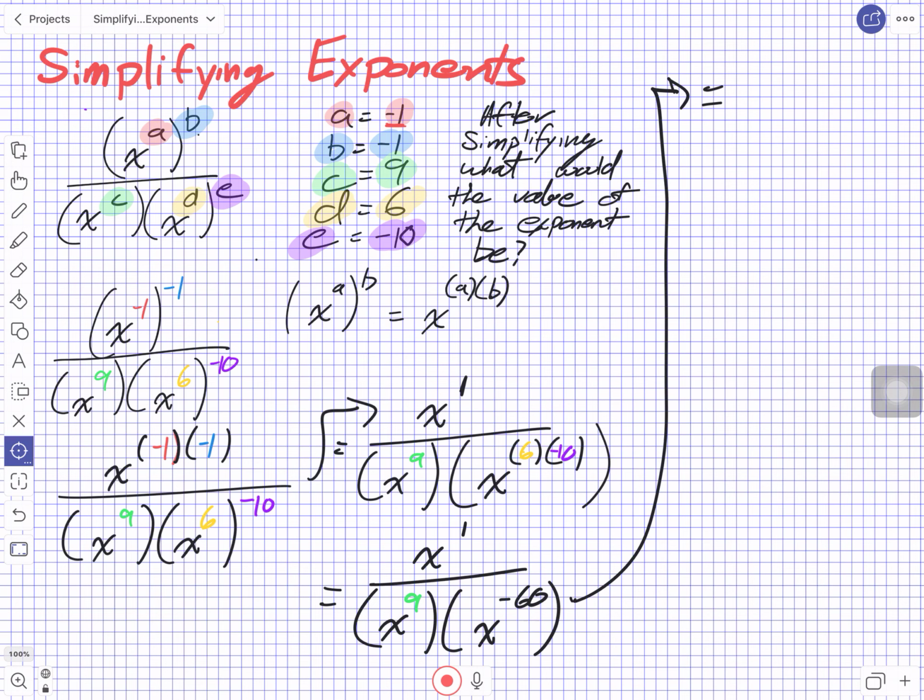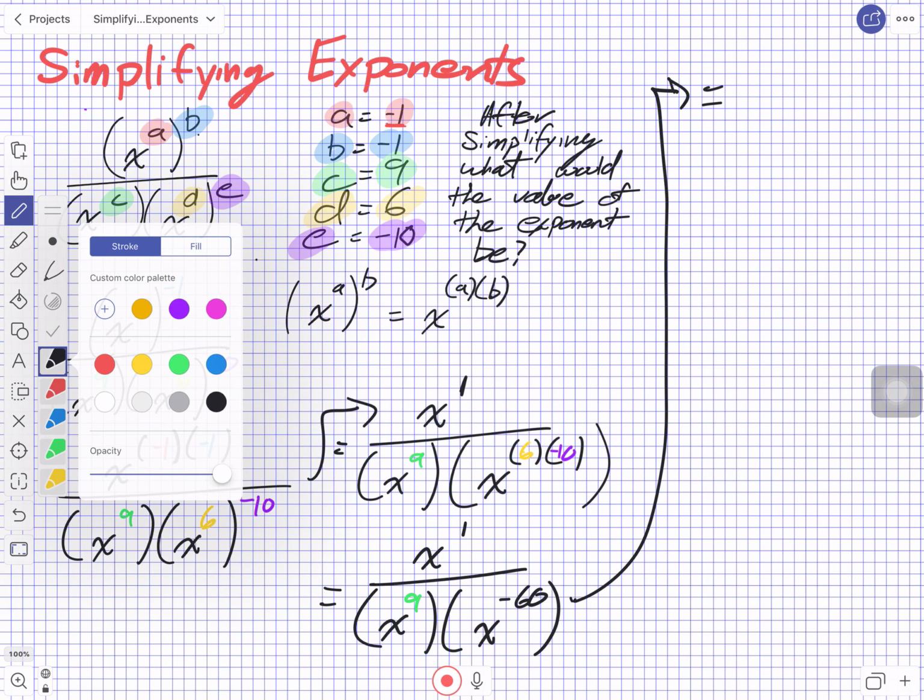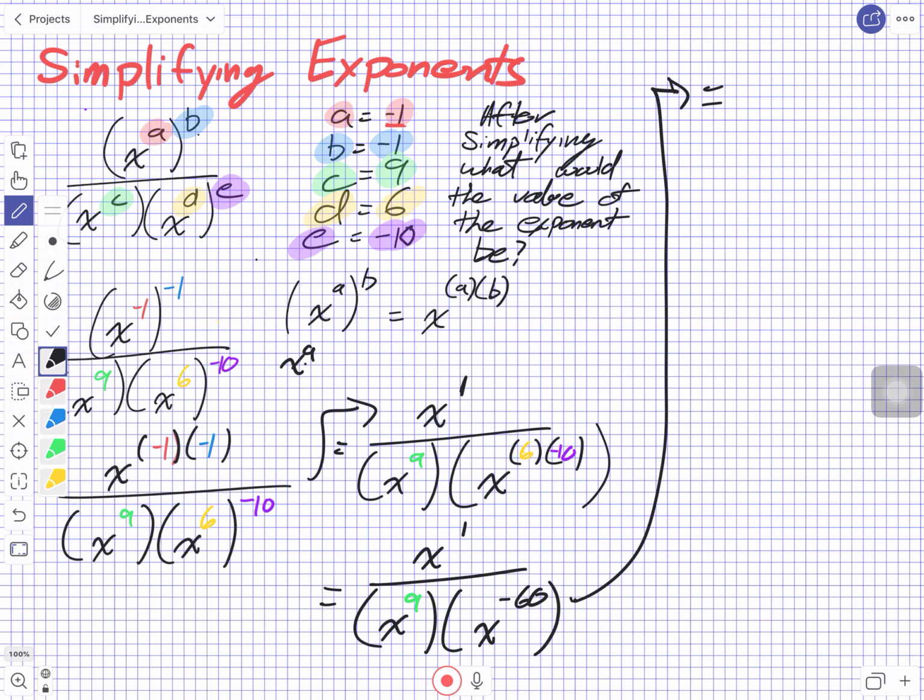If you have a situation where we have x to the power of a times x to the power of b, you end up with x to the power of a plus b. So you actually just add those two values together. When we have a power of a power, we multiply, but when we have two terms multiplied by each other, we just add the exponents.